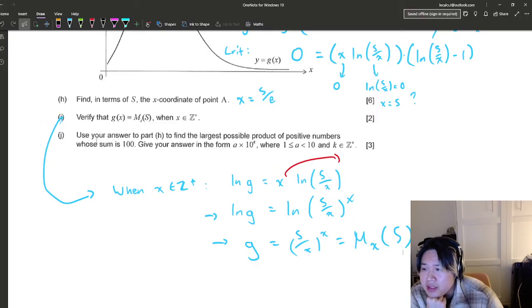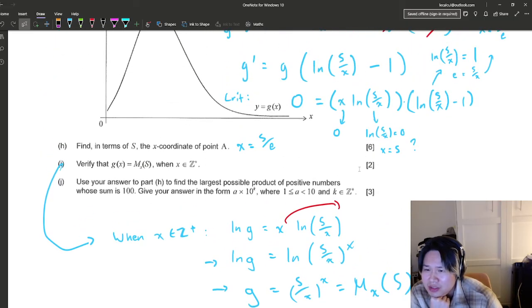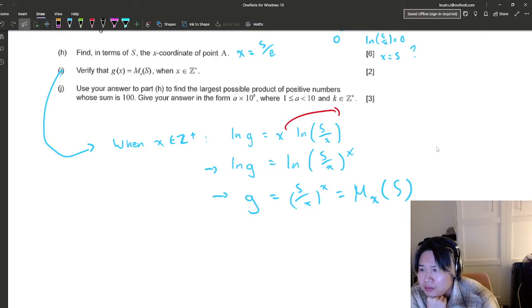Okay. And then use your answer from part H to find the largest possible product of positive numbers whose sum is 100. Give your answer like this. Use my answer in part H? Okay.